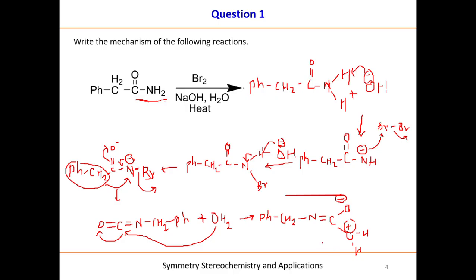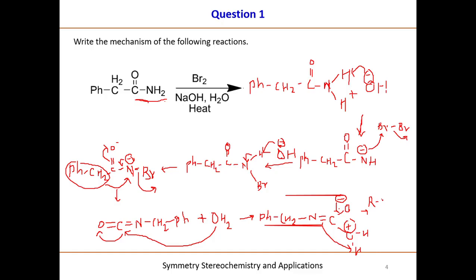But then what's the next step? So this O negative will push over here, and this nitrogen will get protonated. So this double bond will attack over here to give the carbamic acid. So the structure for carbamic acid I will write here only. Instead of the CH2 group I am writing R here because of the space problem.